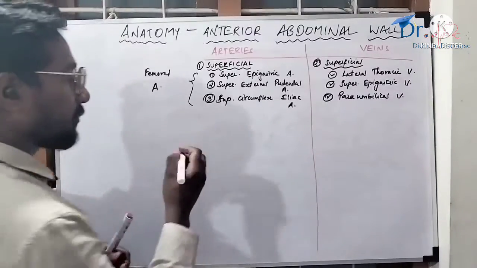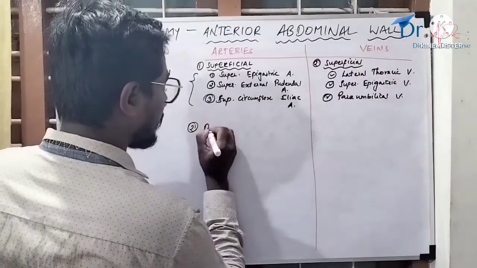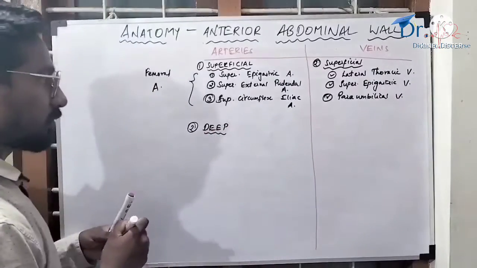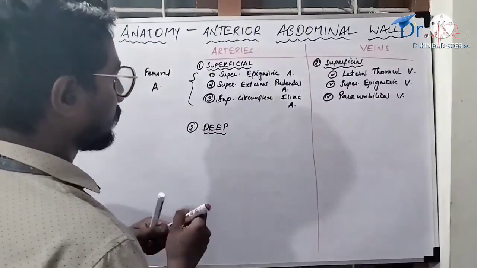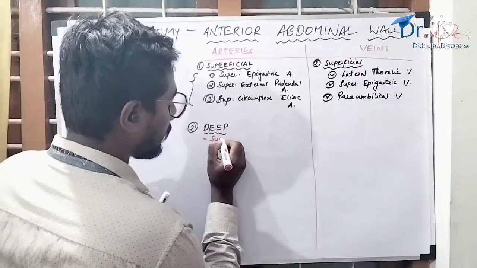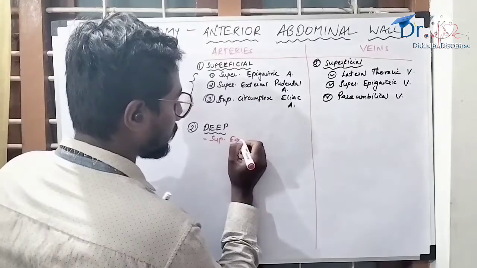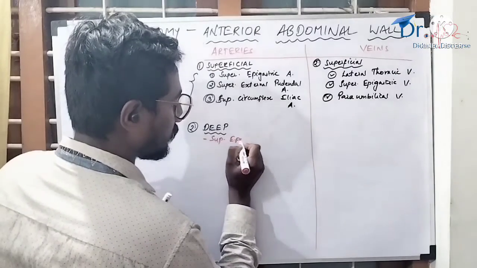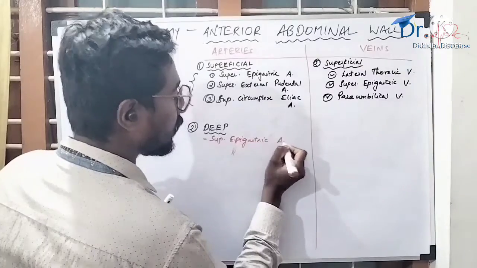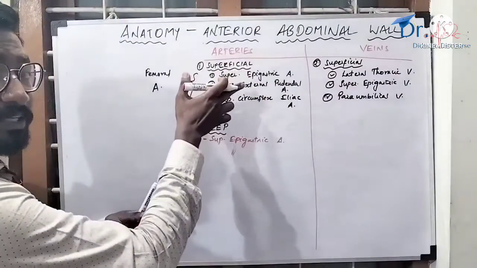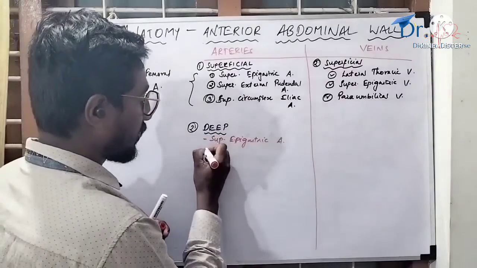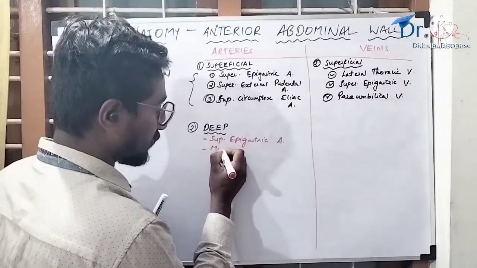Alright, so now coming to the deep arteries supplying blood to the anterior abdominal wall, you have the superior epigastric artery, and you have the musculophrenic artery.